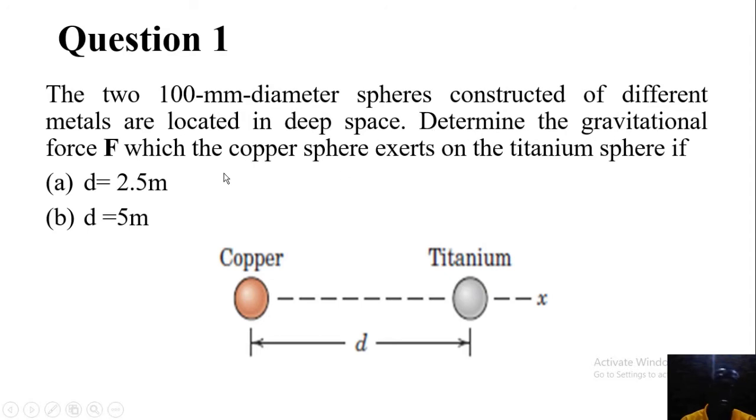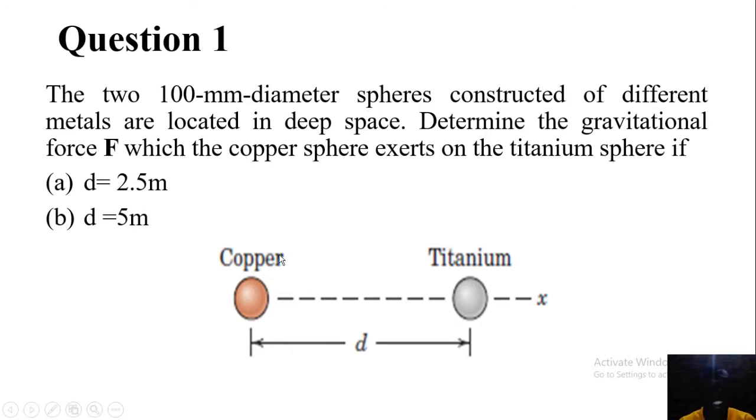Determine the gravitational force F which the copper sphere exerts on the titanium sphere if A, d equals 2.5 meters and B, d equals 5 meters. These are the spheres given to us, copper and titanium, separated by distance d, and we are to find the gravitational force F if the separating distance d equals 2.5 meters and 5 meters.